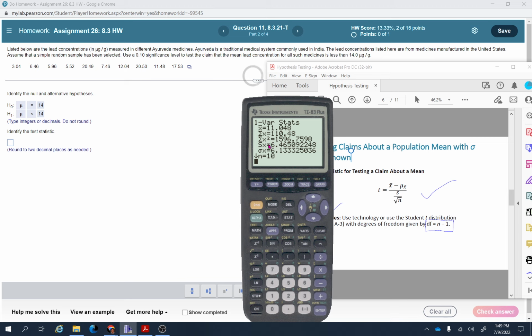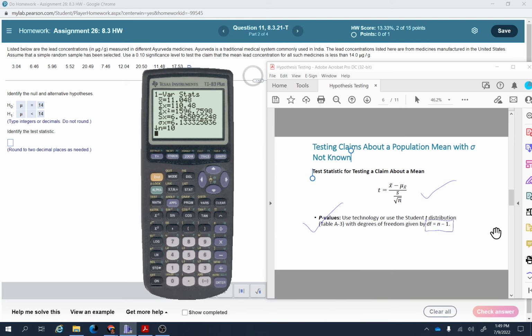Now I'm going to use this average and sample standard deviation for calculating the t-value. So what is the t-value?